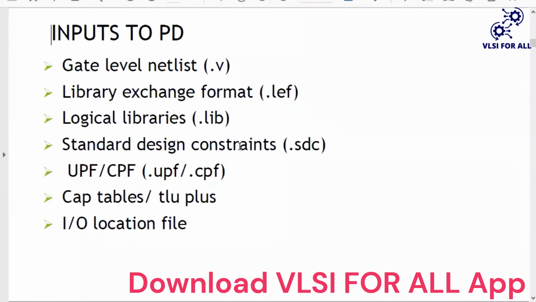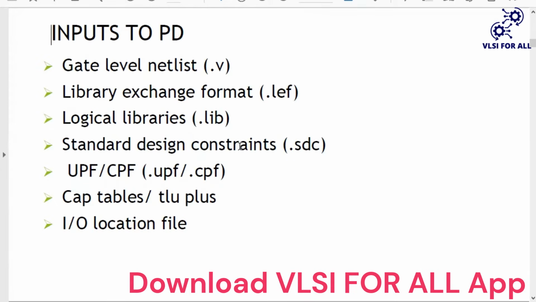In the cap table or TLU plus file, R and C values are there, resistance and capacitance values for the delay. At the parasitic extraction stage, this file has more information.